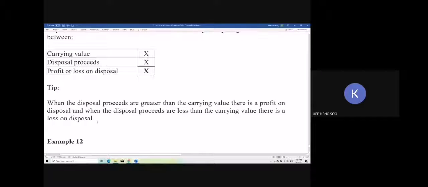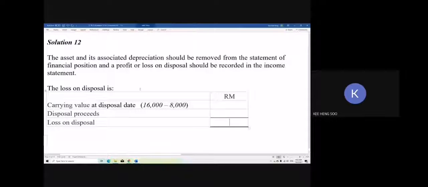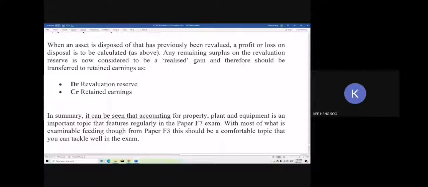Example number 12, very straightforward, I leave it to you. Previously you revalued the asset; now you sell it, you realize the remaining surplus. With your profit, the last profit will be earned back. In your last tutorial, we discussed this before.